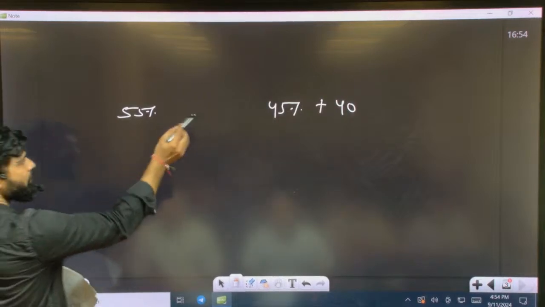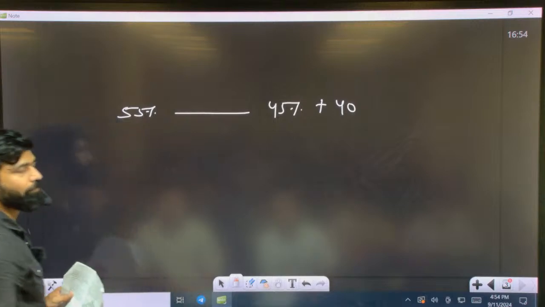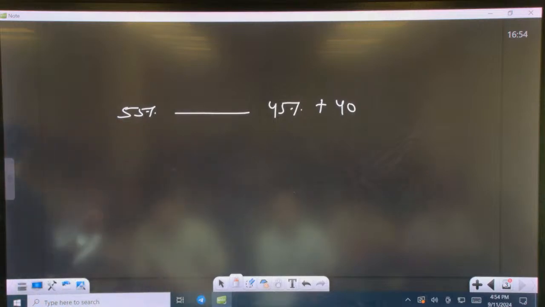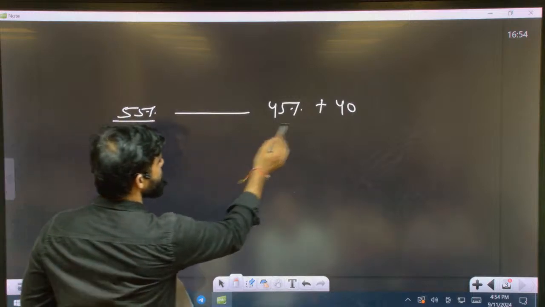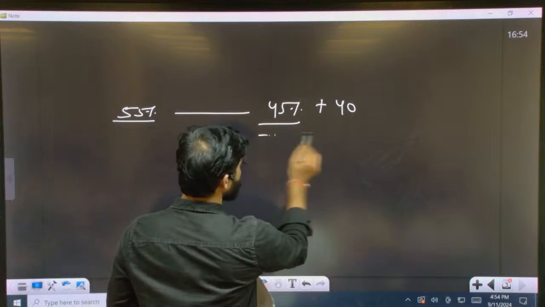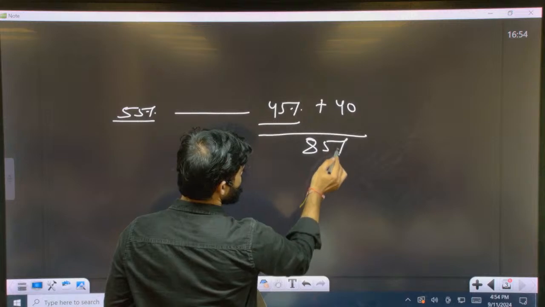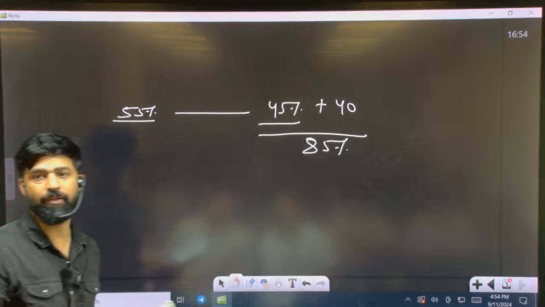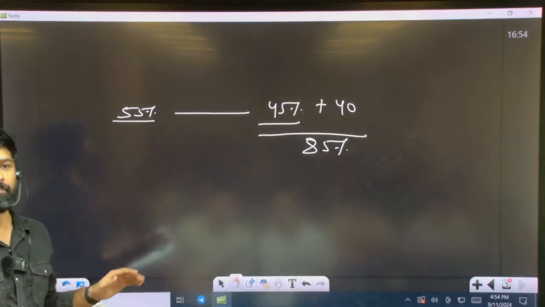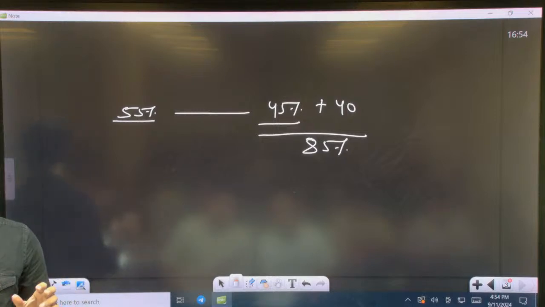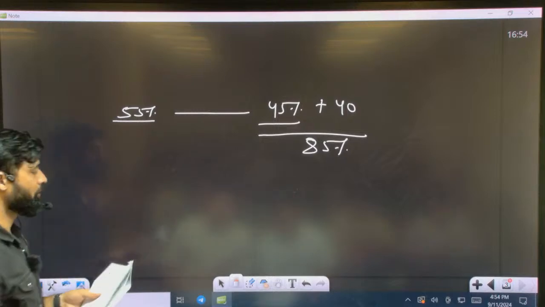I can say this 55% equals 45% plus 40. Any problem in this? Take percentage value together. You cannot do the calculation like 45 plus 40, that is 85 percentage. No, because one value is in percentage and one is simple 40. This is not in the percentage.